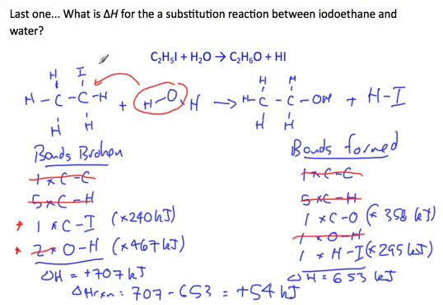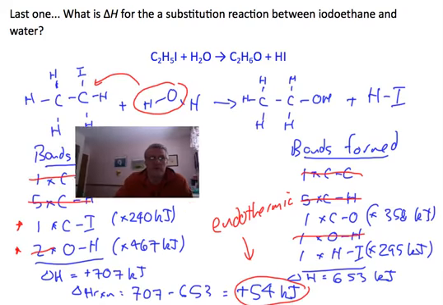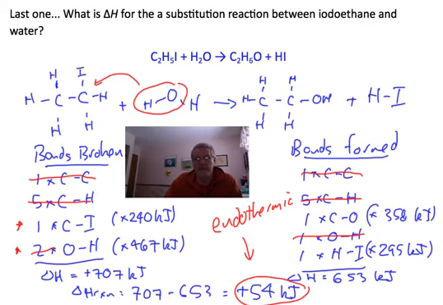And so I can see that this substitution reaction, the substitution of an OH group onto iodo-ethane, is actually endothermic. So if I was to give any advice, the main advice I would give when you're dealing with bond energies is you must have a good appreciation for the bonding.